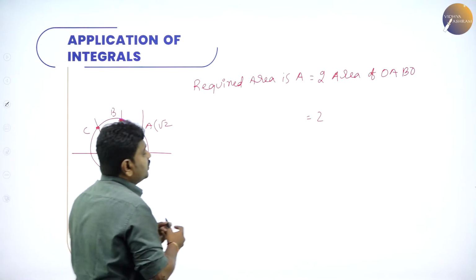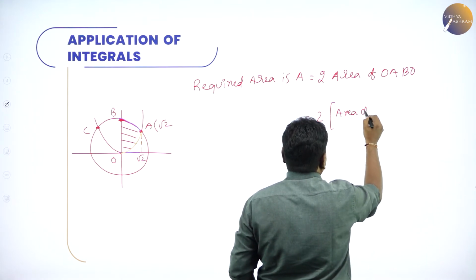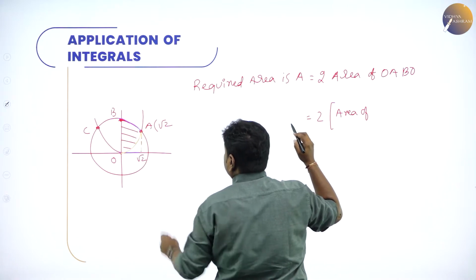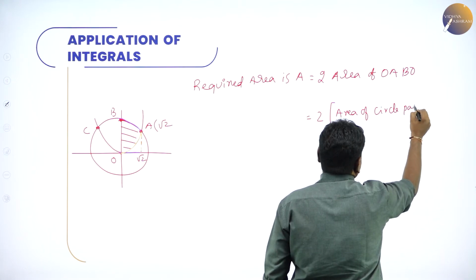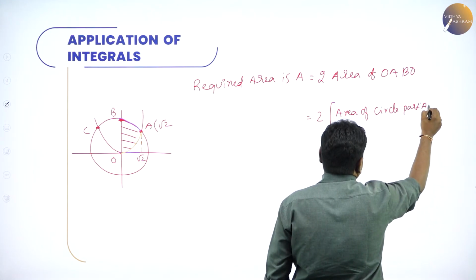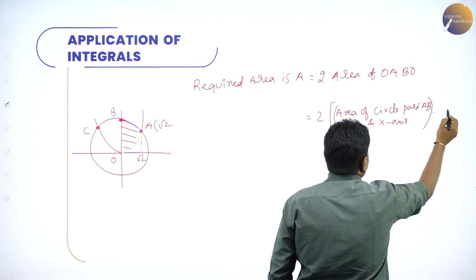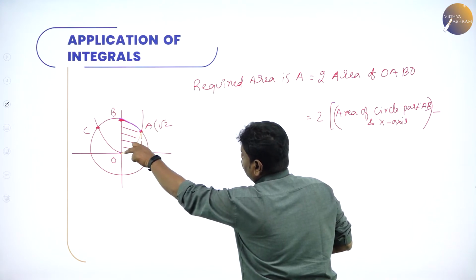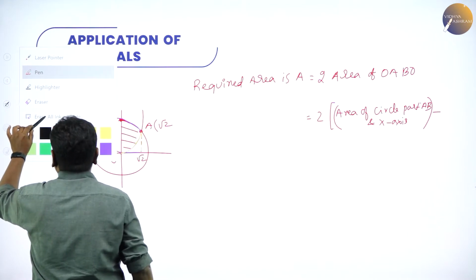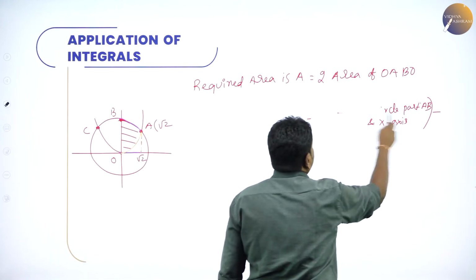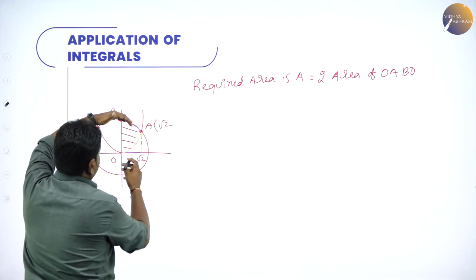So that is, I'll say area of circle part AB and x-axis, in that I'll remove OA parabola and x-axis. Directly speaking, to make you understand, I showed this whole part.